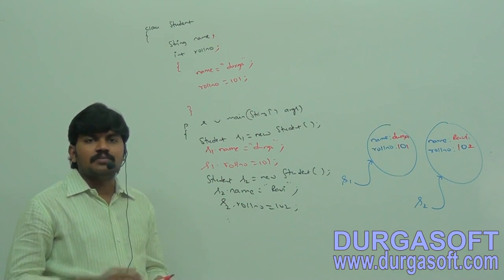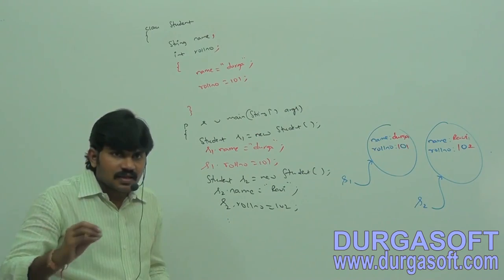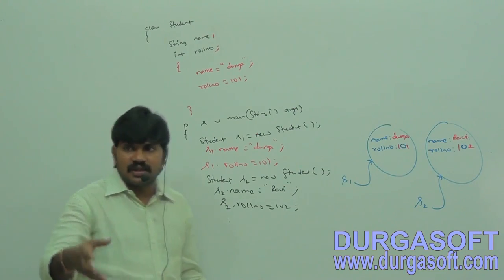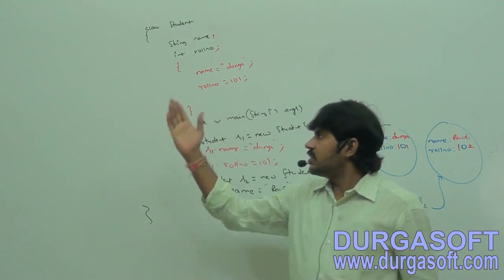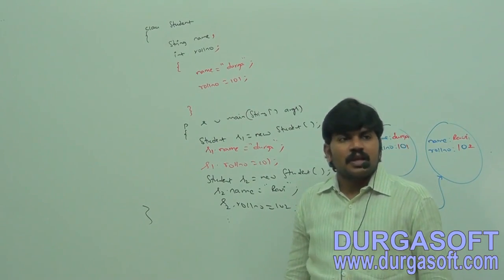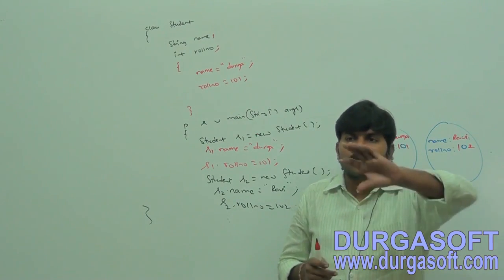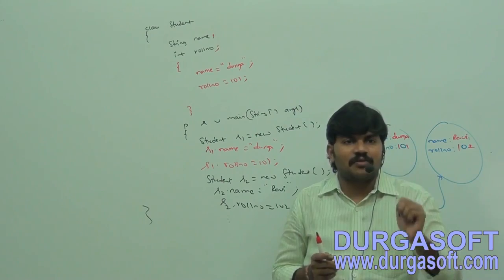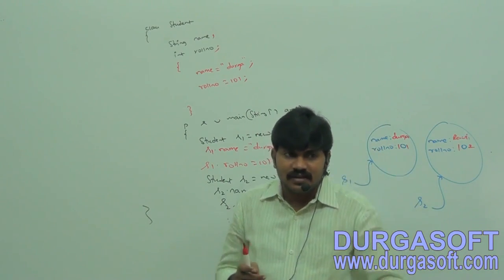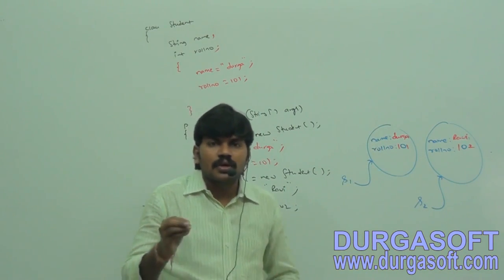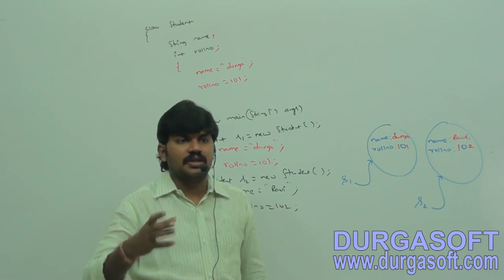Sir, if 600 objects are created, then 600 into 2, 1200 lines only for initialization, meaningless. But in this example only 2 properties are there. Assume my object contains 10 properties and I want to create 600 objects: 600 into 10, 6000 lines of code only for initialization, meaningless.